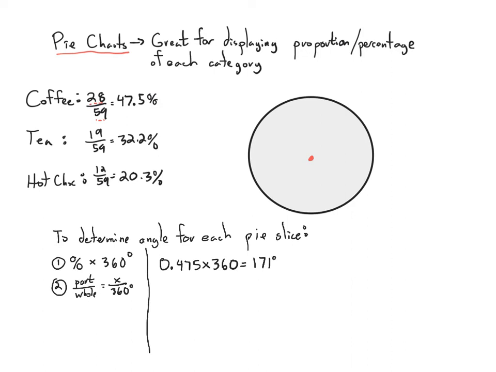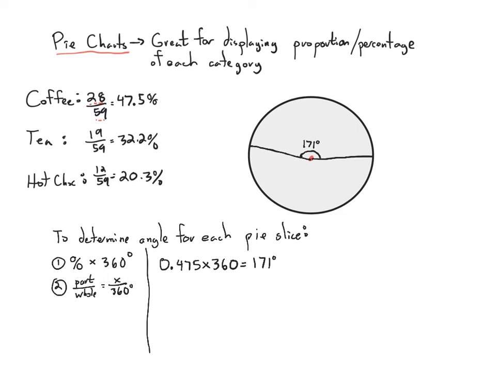Remember, an entire circle is 360, so this is just less than half of my circle. I'm just going to estimate this, but you could determine this exactly by using a protractor. But that is roughly 171 degrees. Maybe I'll just mark this in here. So this angle here is 171 degrees.